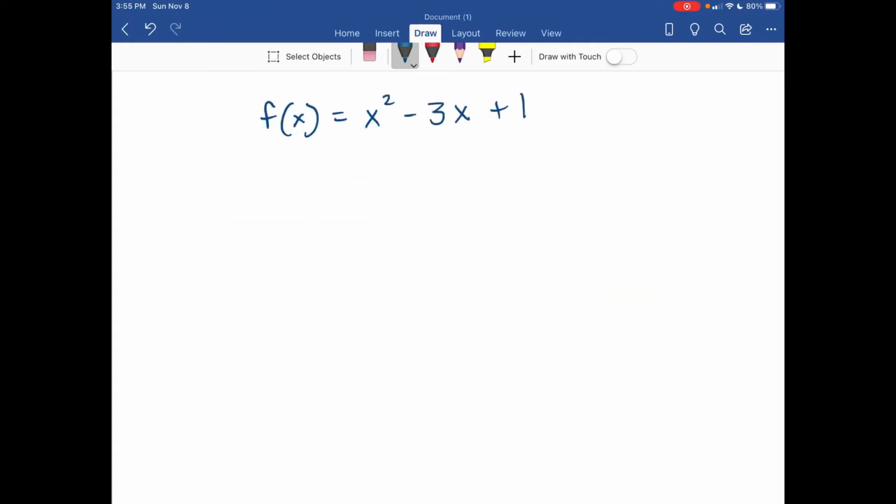So here are some quick ways of practicing evaluating these functions. If they wanted us to evaluate f of 1, that means find that y value when x is 1. Everywhere we see an x, we replace it with 1. We treat those x's like placeholders.